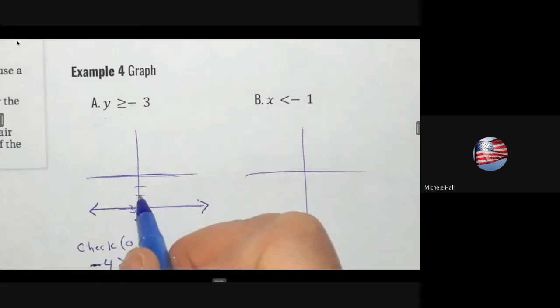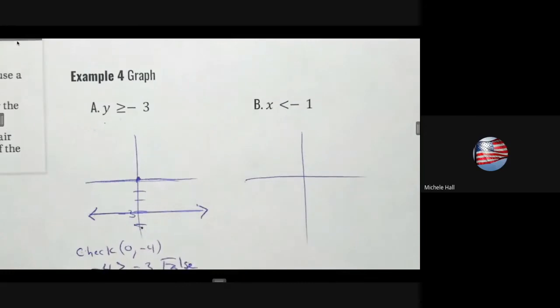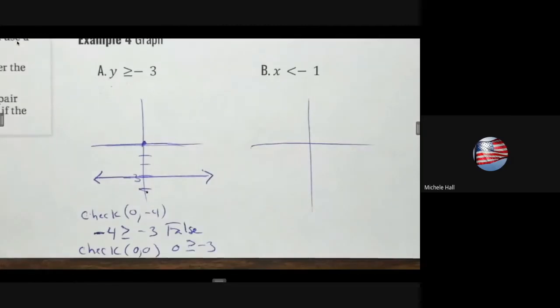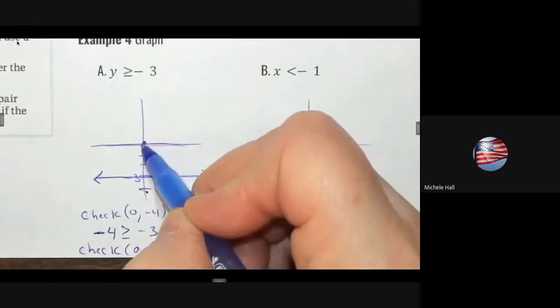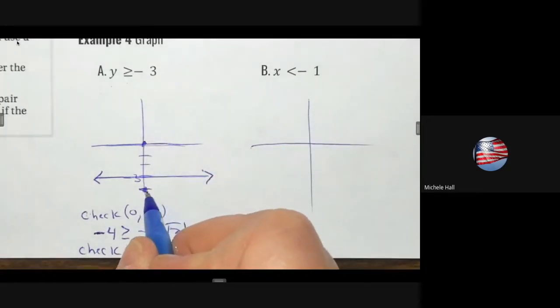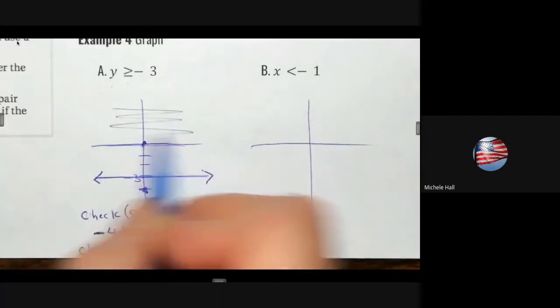How about we choose 0, 0? Y is 0. So is 0 greater than or equal to -3? That is true. We chose the point 0, 0 and we got a true statement. We chose the point 0, -4 and got a false statement. So we're going to shade up here where we got a true statement.